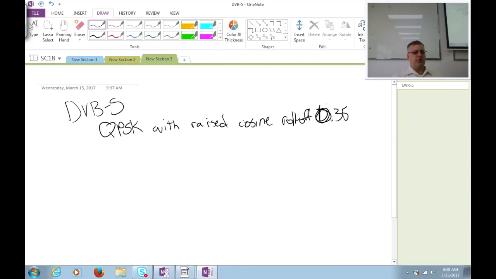So the pulses that you transmit in the time domain look kind of like a sinc function but they roll off a little faster. A roll-off factor of 0.35 means that you took a 35% increase in bandwidth in order to allow the signal to roll off faster and be truncated quicker in the time domain. So that is just a hardware limitation.